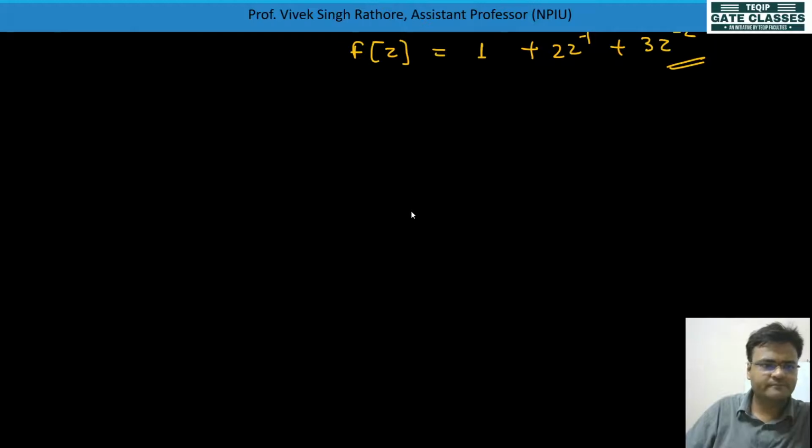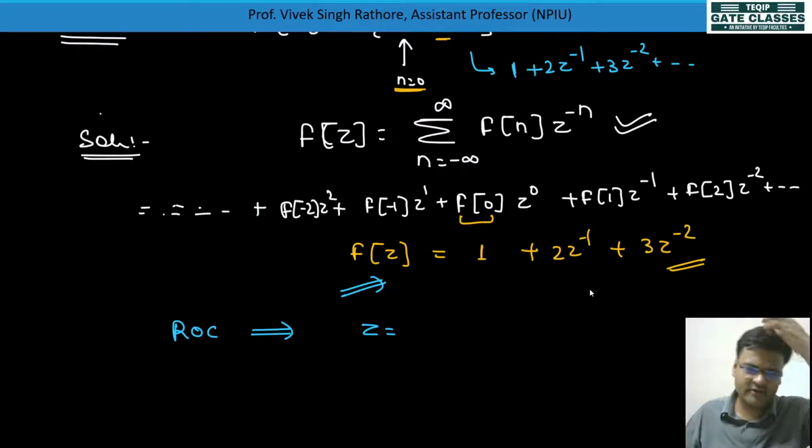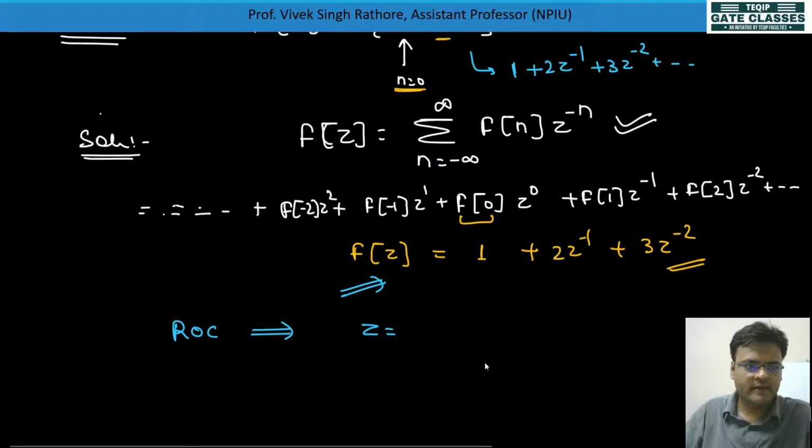So see, considering this f of z, the ROC value can be found as follows. z minus 1 is there, z minus 2 is there, and z is nothing but r e to the power j omega.